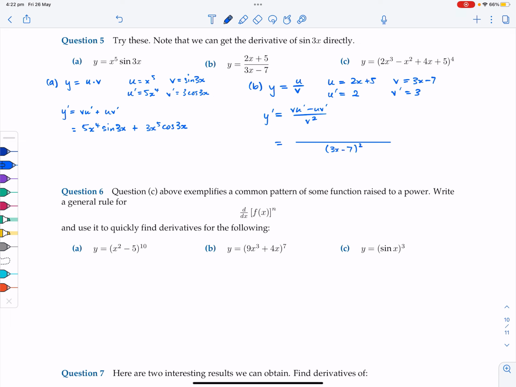Now, vu dash minus uv dash. So that gives me 2 lots of 3x minus 7, right? That's that and that. And now I've got this and this. So I'm going to put the 3 out the front. So minus 3 outside 2x plus 5. Right, now we're expected to simplify that. So 2 lots of 3x minus 3 lots of 2x is nothing.